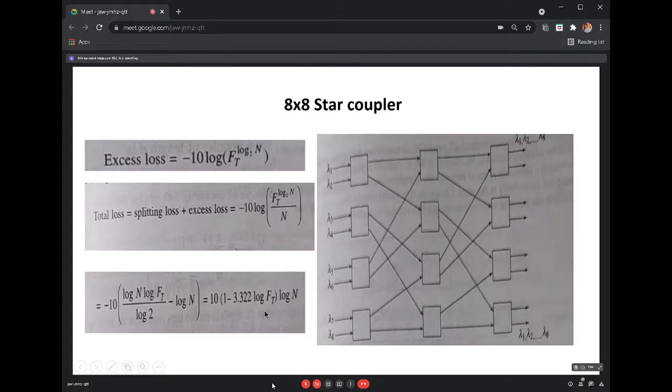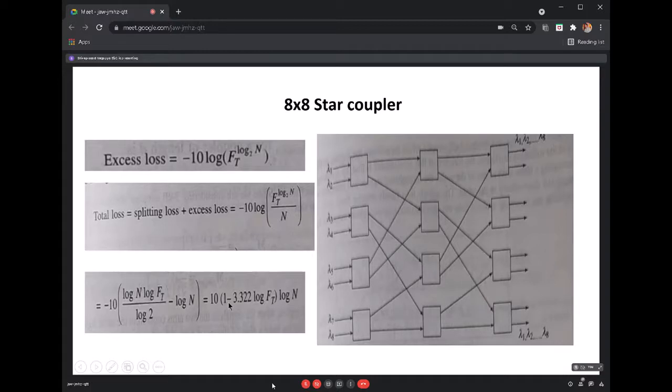That means the loss increases logarithmically with the value of n. It does not increase exponentially or directly. It increases logarithmically with respect to n. That is the conclusion we need to draw.